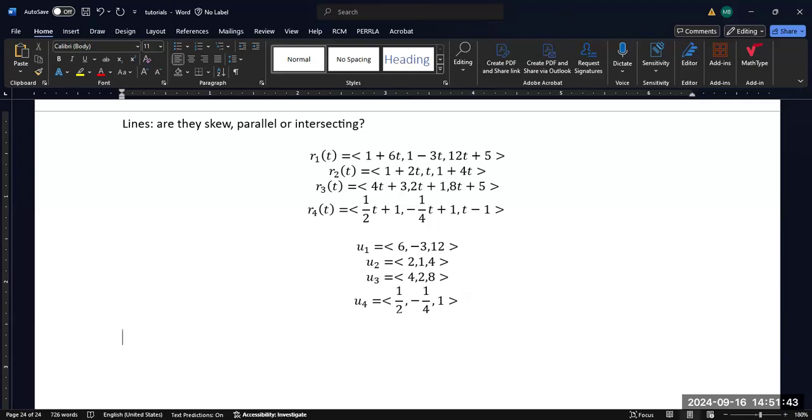All right, so one thing that we can look at is if I take out these two, it's clear that U3 is twice the value of U2. So they're pointing in exactly the same direction. So they are either parallel or they're identical.